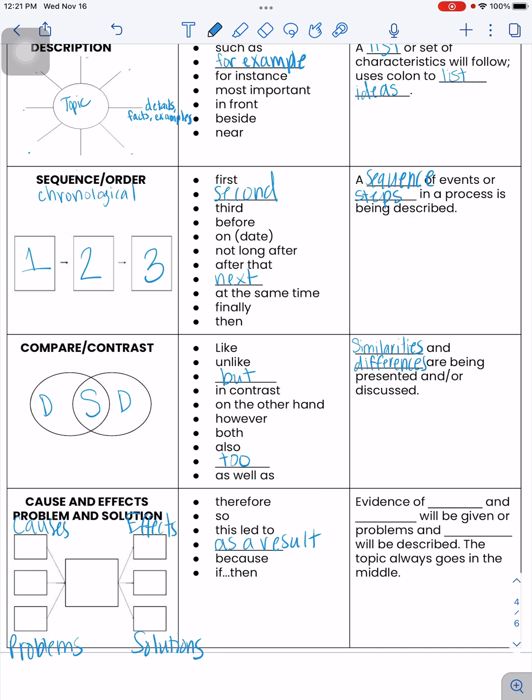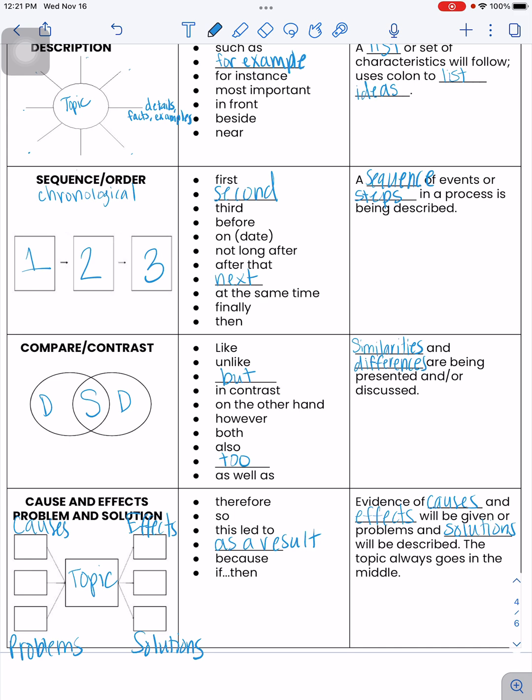You will know that you are looking at either cause and effect or problem solution if there's evidence of causes and effects. So causes and effects will be given, or problems and solutions will be described. The topic always goes in the middle, meaning the thinking map is where you would put the topic.